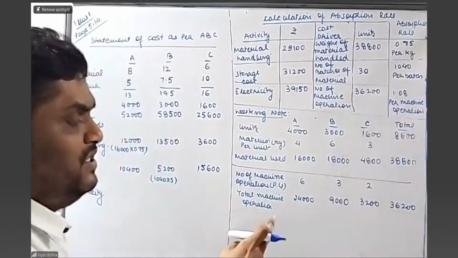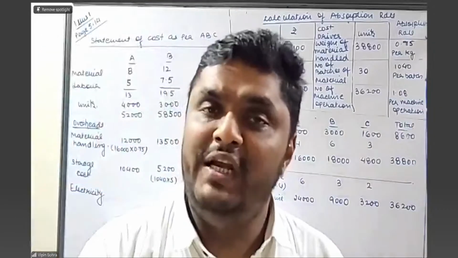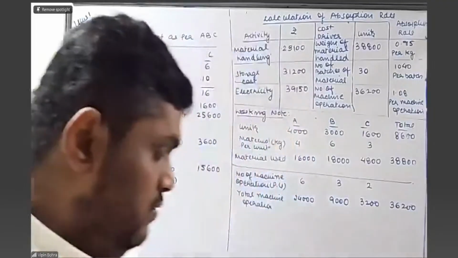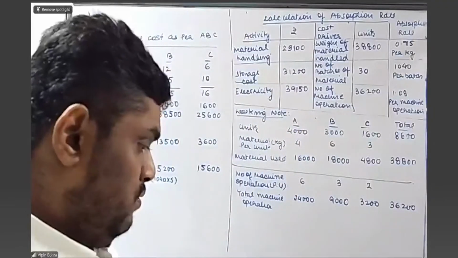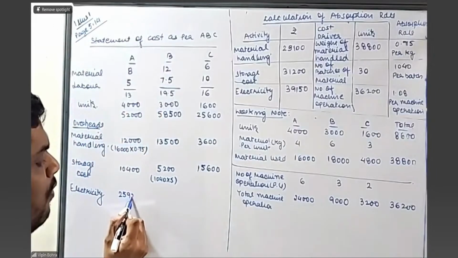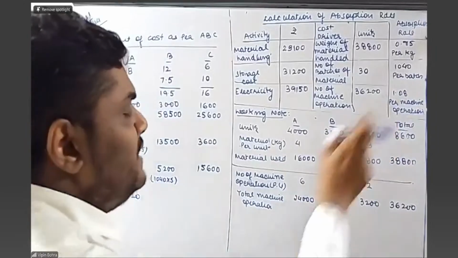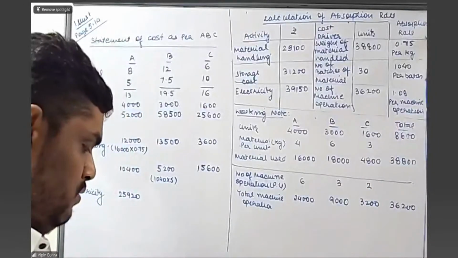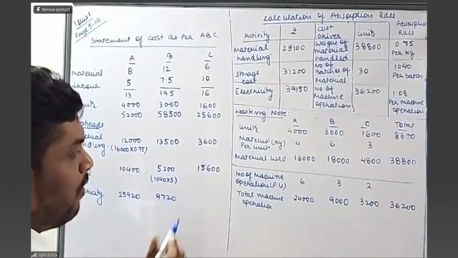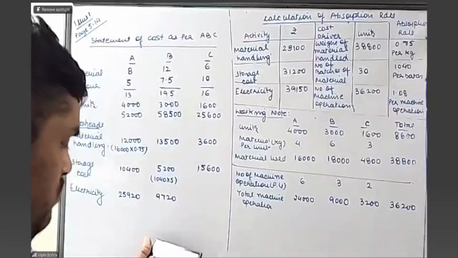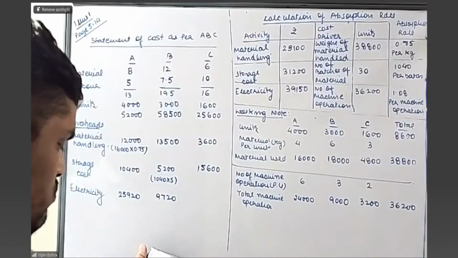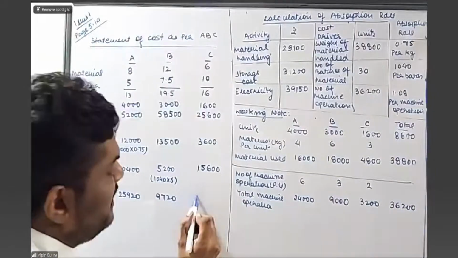See, these are the total machine operations. So how many are there for product A? 24,000, and overheads are how much? 1.08 per machine operation. Next, 9,000 into 1.08. This will be 3,510.